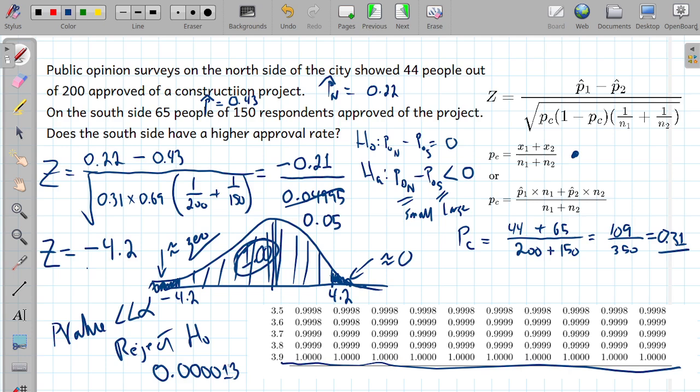Well, what we have here is tenths, hundredths, thousandths, 10,000ths, 100,000ths, 13 chances in 1 million that this occurred due to luck or chance, which means unless it's a type 1 error, which is a remotely small possibility, then there is a significant difference between the north side and south side approval rates. That's it. Okay, let's move on.